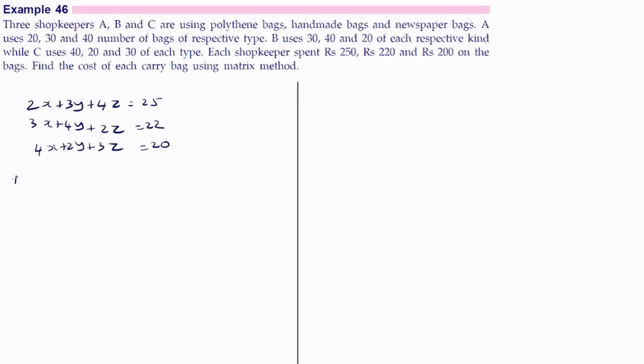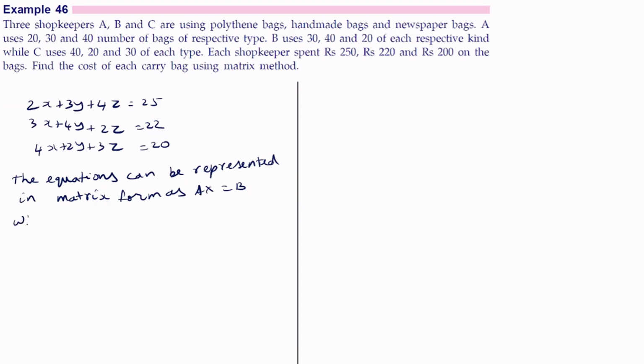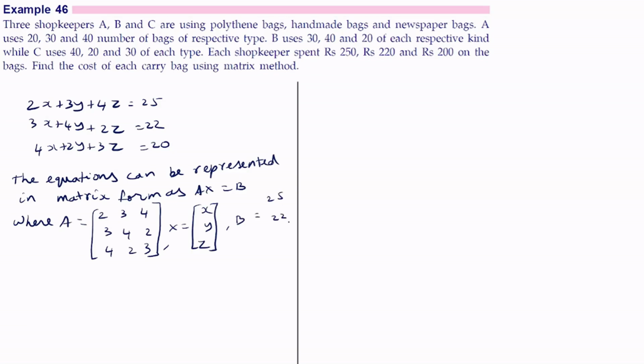So now we can represent these equations in matrix form. The equations can be represented in matrix form as AX equal to B, where A is the coefficient matrix 2, 3, 4, 3, 4, 2, 4, 2, 3, X is the variable matrix x, y, z, and B is the constant matrix 25, 22, 20.